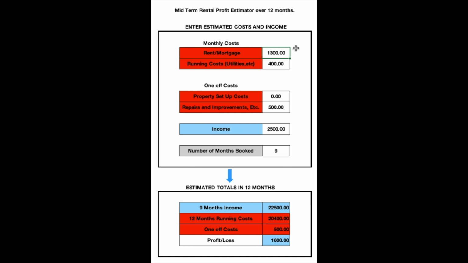But by playing around with those 4 basic numbers, so monthly costs, one-off costs, potential income, potential occupancy, it enables you at least to go into it with your eyes open, so you can see what potential profit you could make if you had a great year or if you had a poor year, but at least you can see the different options. So let me just set this back to 12 months.